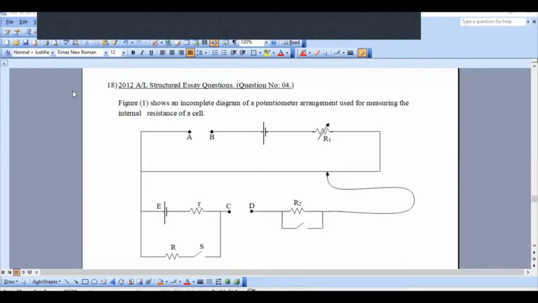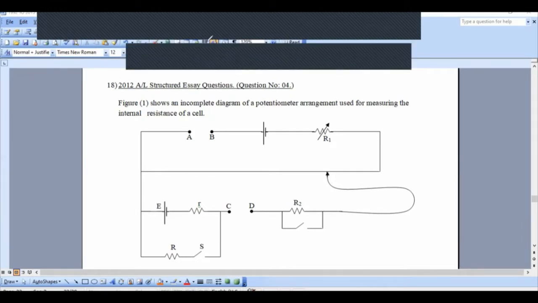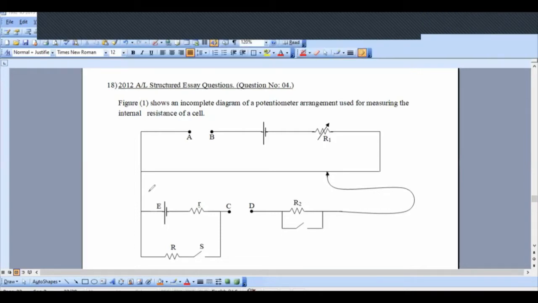Thank you, dear. So we want to find the EMF of this cell. Actually, the cell means everything, dear. The cell means this part. So the cell is able to generate a certain voltage E, and it has a certain potential difference between its positive terminal and its negative terminal.